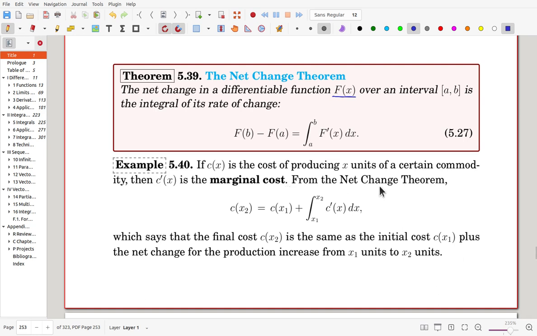From the net change theorem, we can write the integral of C prime from x1 to x2 as C of x2 minus C of x1. Now we move C of x1 to the right side. This can be interpreted as: the final cost, C of x2, is the same as the initial cost, C of x1, plus the net change for the production increase from x1 units to x2 units.